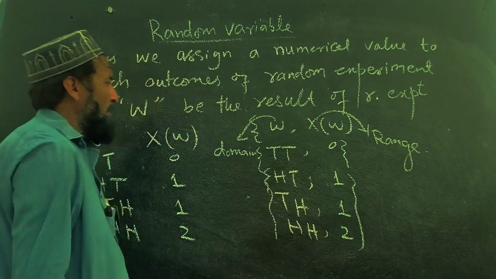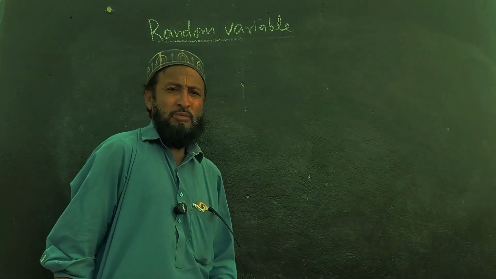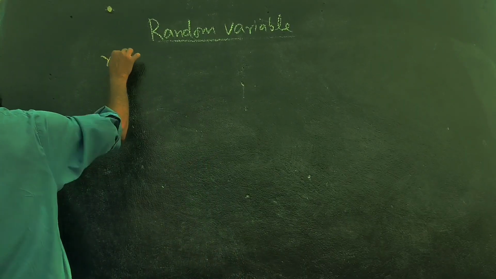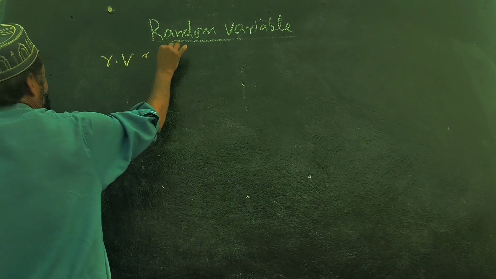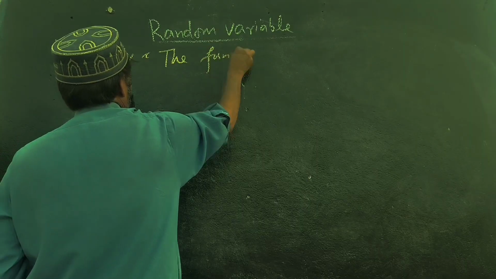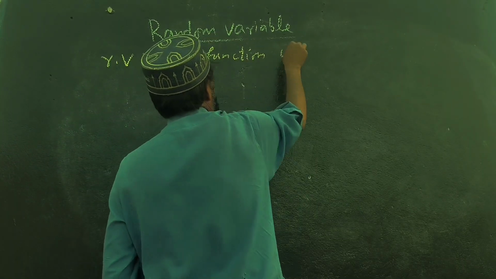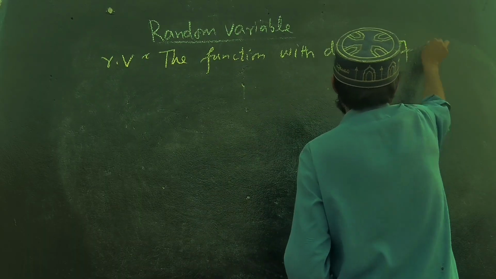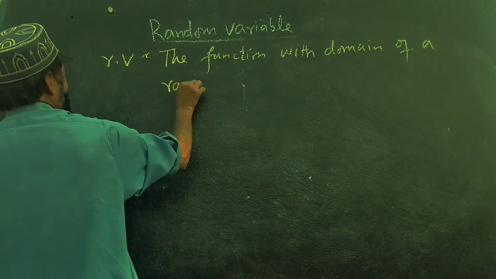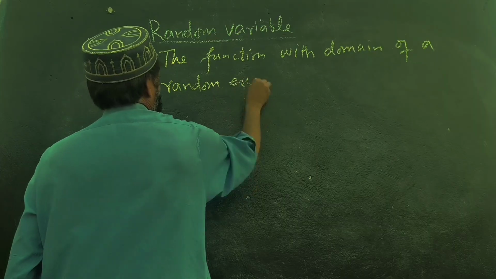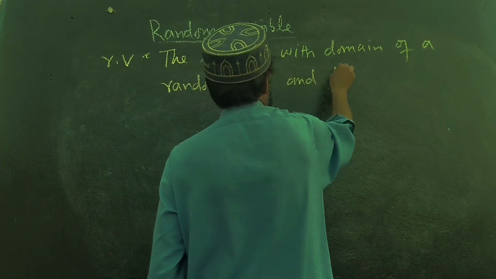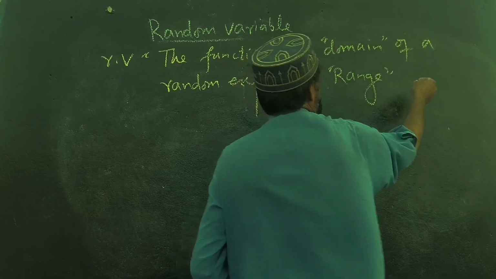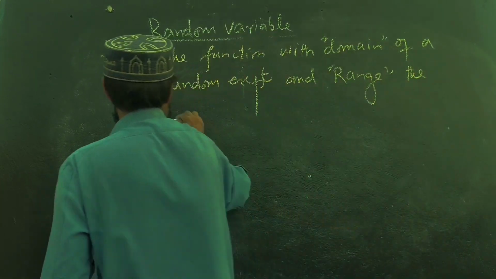So from this function we can also define the random variable in the form of a function: the random variable is a function with domain of a random experiment and range the real values.